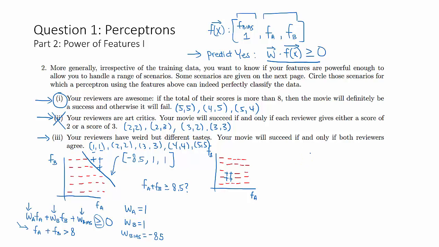So if we plot this out, these 5 points lie on the diagonal here, and all the other points lie around it. Can a single line separate this data here? No, it can't. So again, the perceptron cannot classify this scenario correctly with the current feature space, and we'll cross this out.